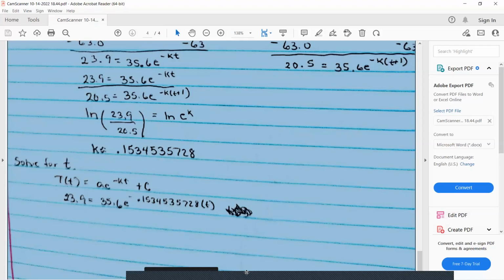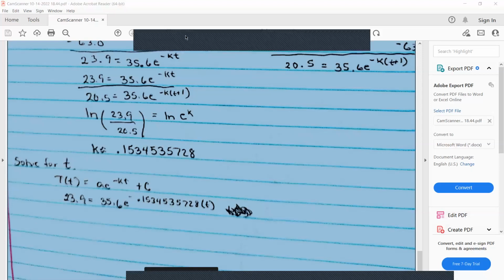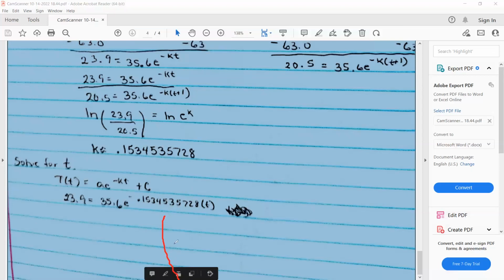I didn't write the answer down, but it's in your homework. You're going to end up with t equals approximately, and I'm going to round it to the nearest hour, negative 3.